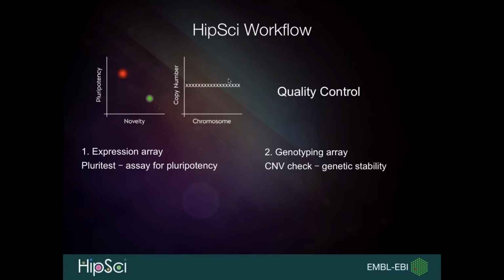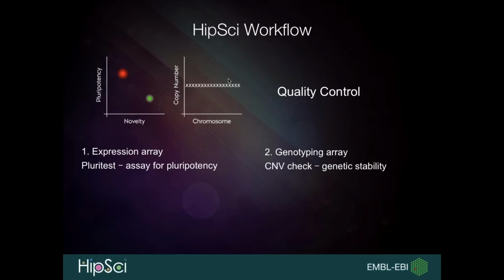The next step is quality control. So we run two different assays on the candidate iPSC lines. First of all, a gene expression array. And with the data from the gene expression array, we run the Pluritest. So Pluritest is a calculation.